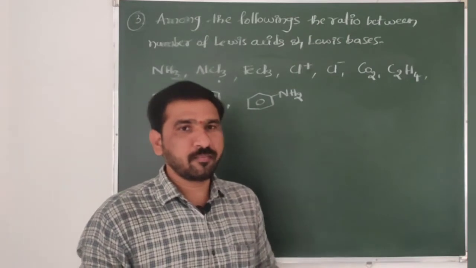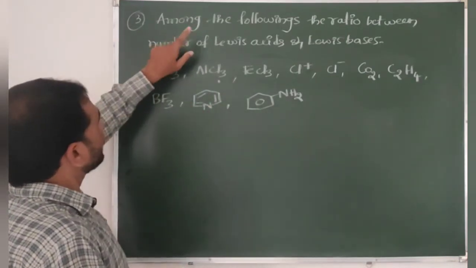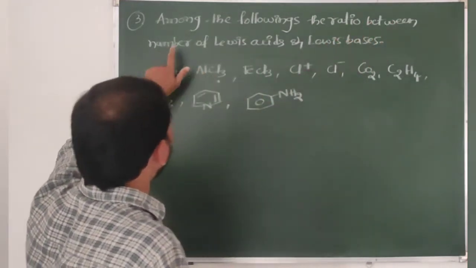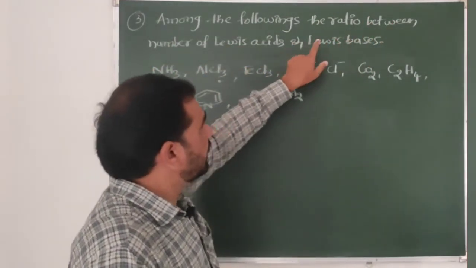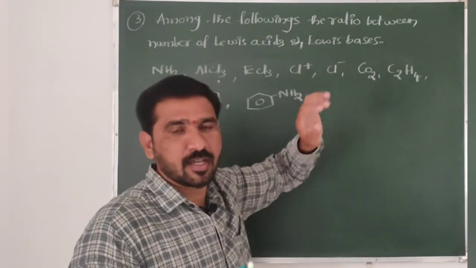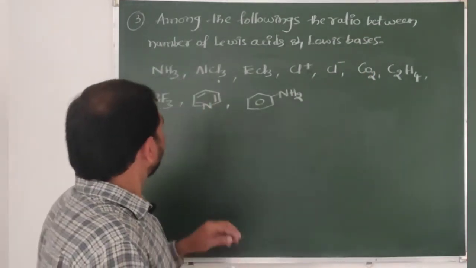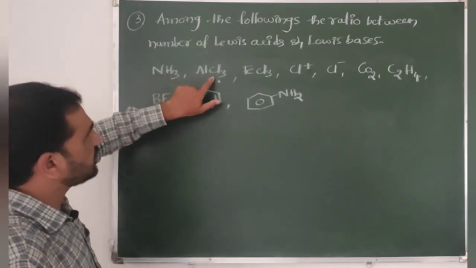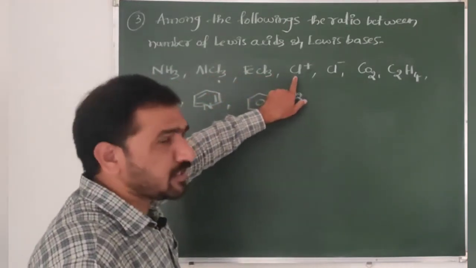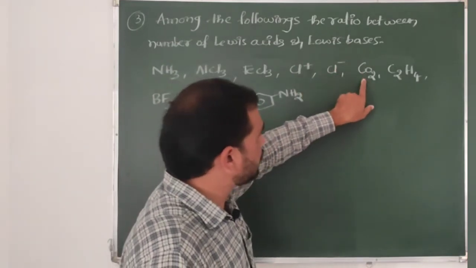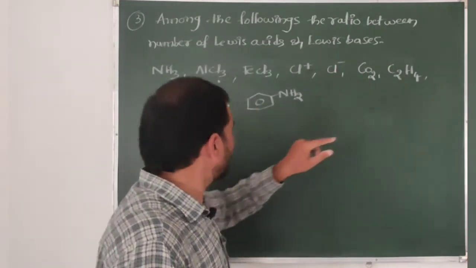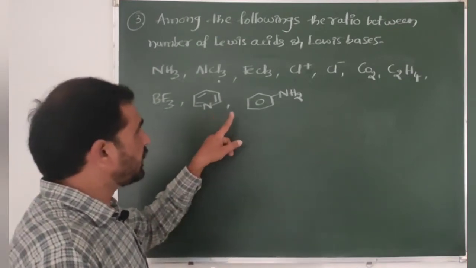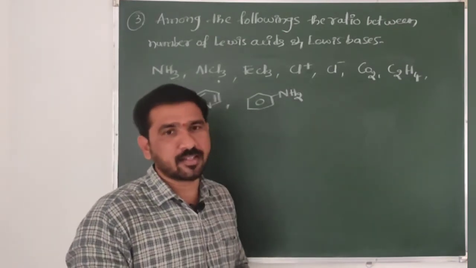Coming to the next question, the third question: among the following, the ratio between the number of Lewis acids and Lewis bases. NH3, AlCl3, FeCl3, Cl plus, Cl minus, CO2, C2H4, BF3, this is pyridine, this is aniline, like that given.